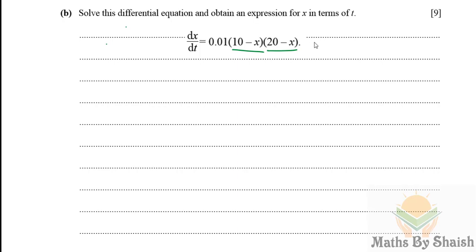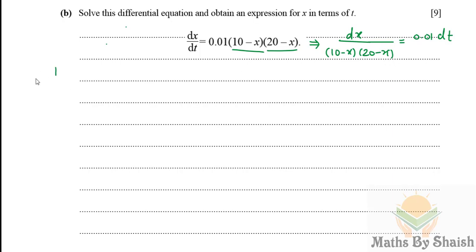Now we are going to solve it, and we can see there is a product of linear factors. If we separate the variables, we get dx / ((10 − x)(20 − x)) = 0.01 dt. Before integration we do the partial fractions, otherwise we cannot integrate here.